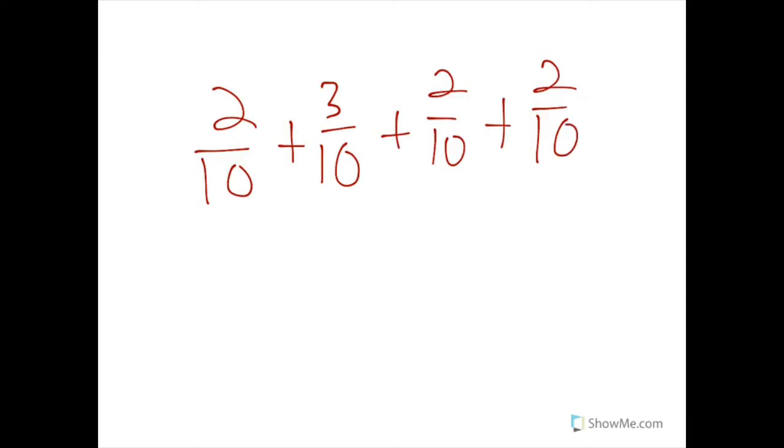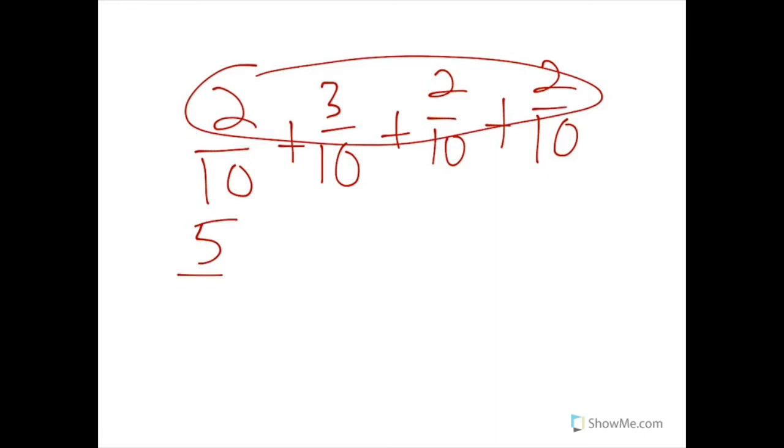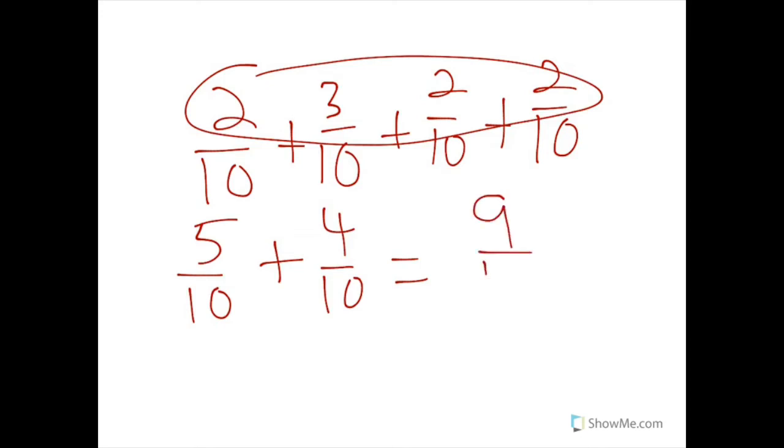Now when we add all our numerators together, 2 plus 3 is 5/10, plus 2 plus 2 is 4/10. That gives us 9/10. Now our question was, is the project complete? If we look at our numerator, we see that we're missing one more to get to our whole. So unfortunately, the project would not be complete because the number in the numerator is not equal to 10, or more than 10.